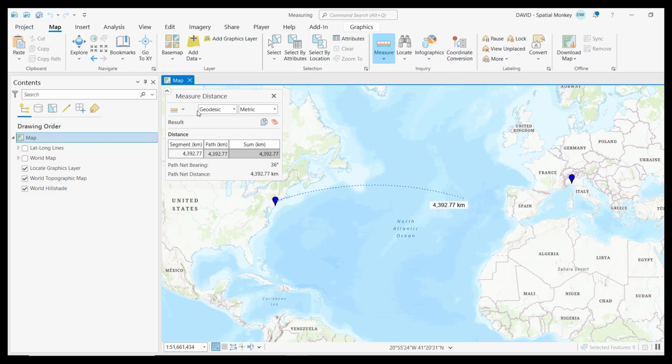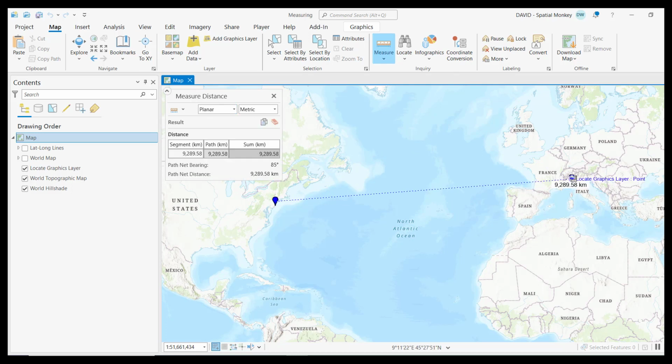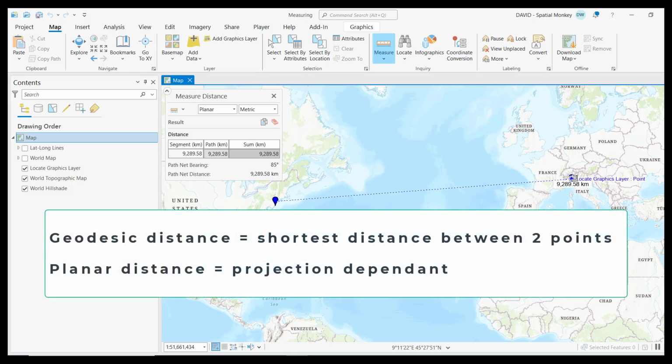On the other hand, the planar measurement is giving us the straight line distance on this particular projection. And the planar distance may change when the projection is changed, as different projections have different properties.